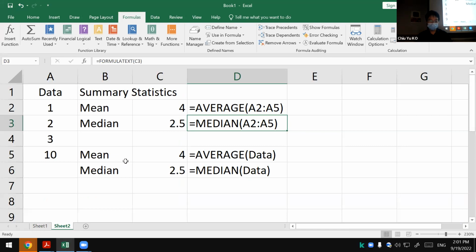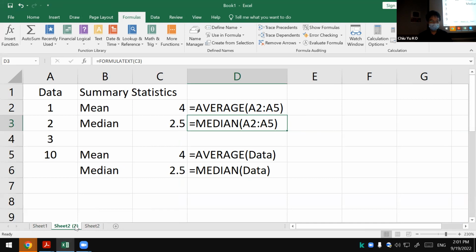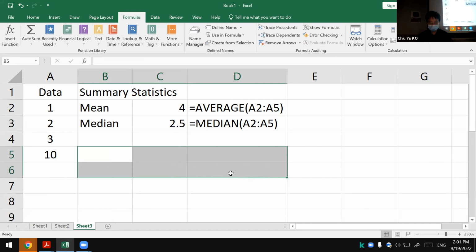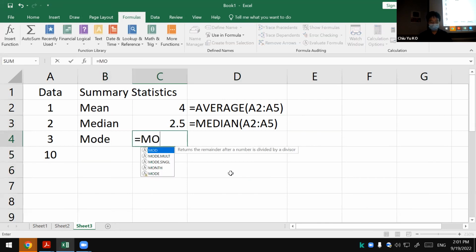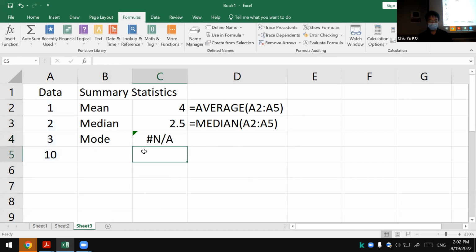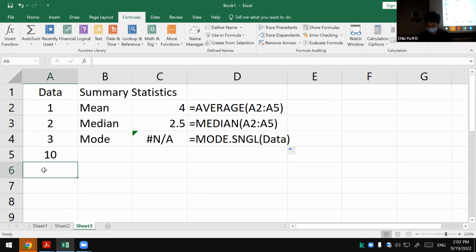To save space, let me copy this. Let me do this here because that will be easier, because in this case we can start using this formula easier. Mode will be just equal to mode single. I just highlight this, it's easier. So in that case, no mode, but let me have some more.